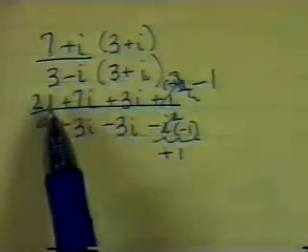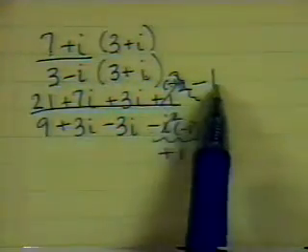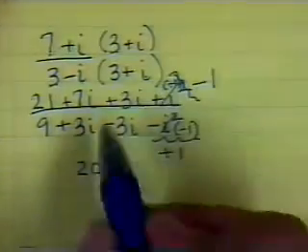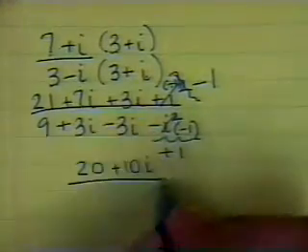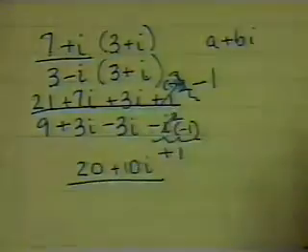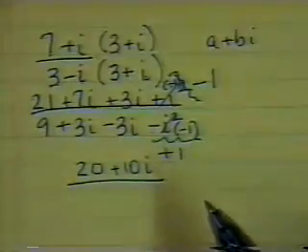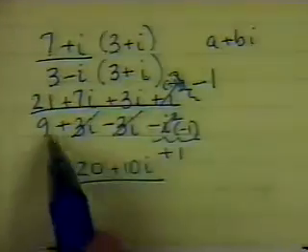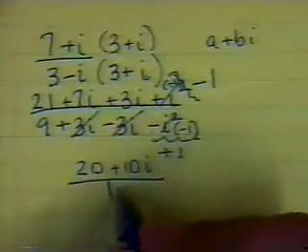Now let's see what we get. On the top here, 21 minus 1 is 20. And 7i plus 3i is plus 10i. Now that's written in our proper form, a plus bi, where a is the real part and b is the imaginary part. Now in the denominator, as we expected, the i's cancel and 9 plus 1 is 10.